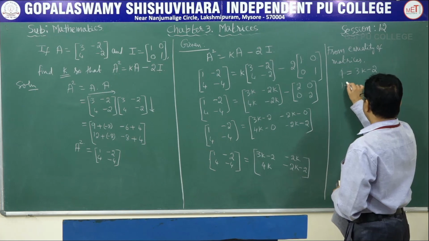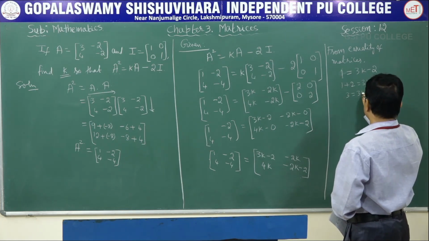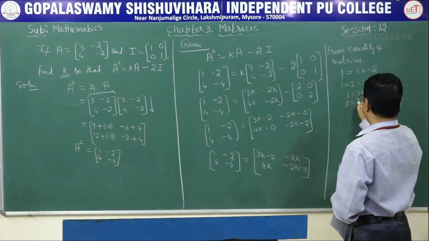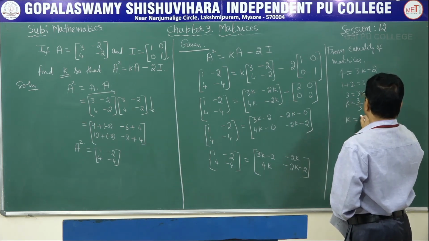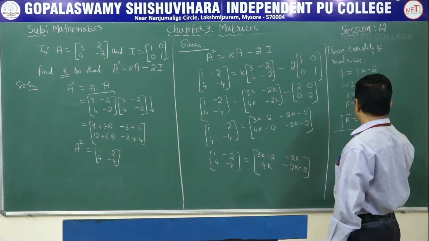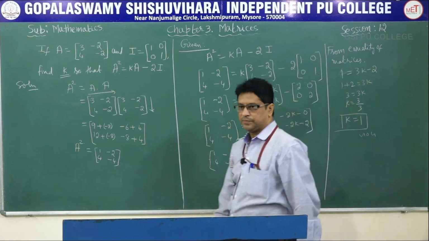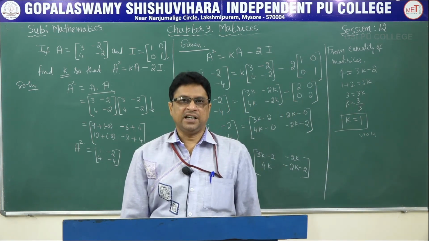So 1 plus 2 will be equal to 3K. So 3 is equal to 3K. So K is equal to 3 by 3. So K will be equal to 1. So that completes this problem. So okay, thank you.